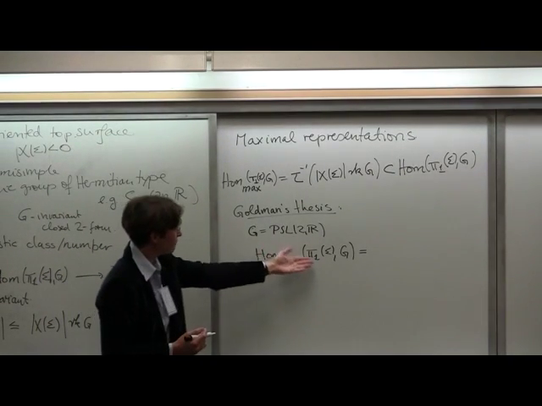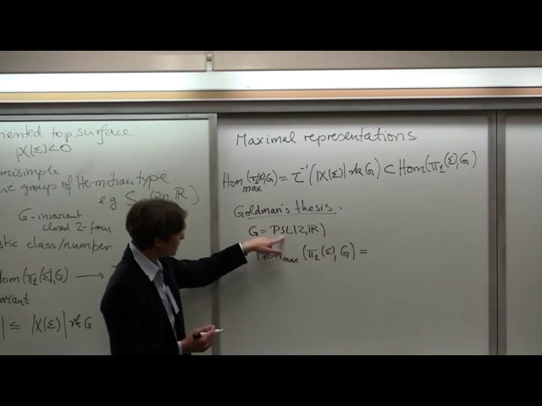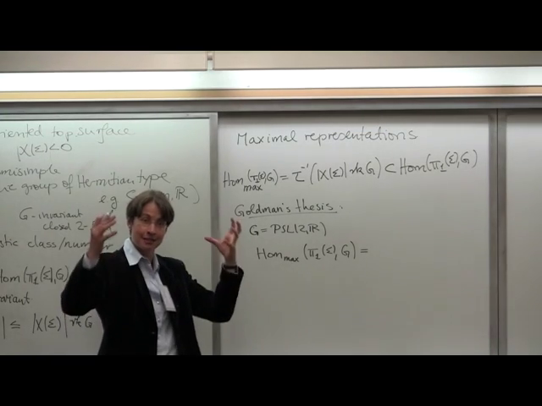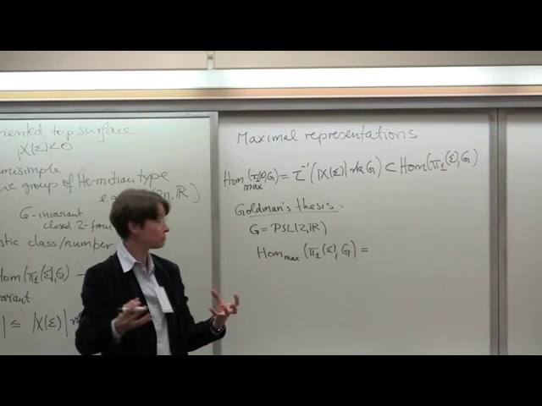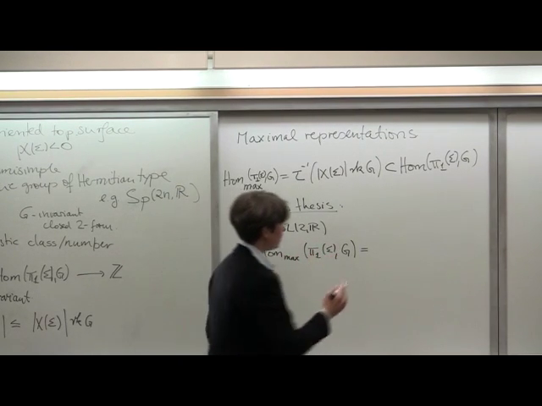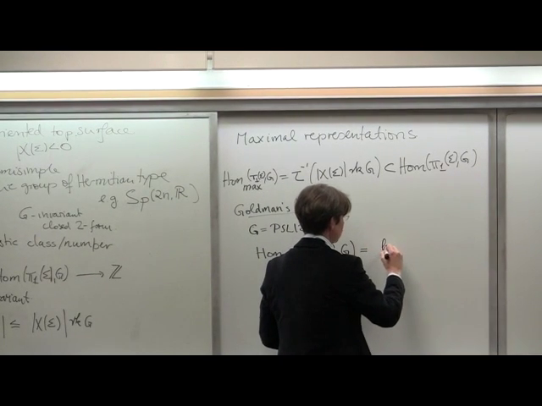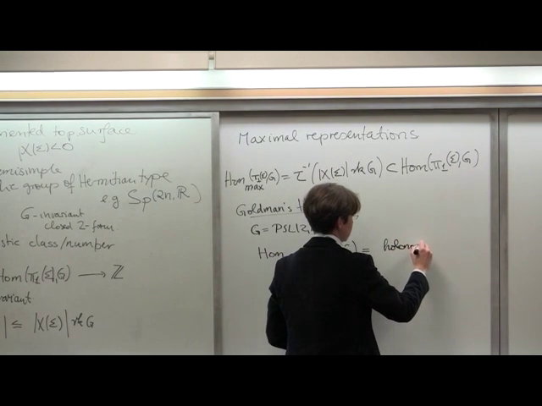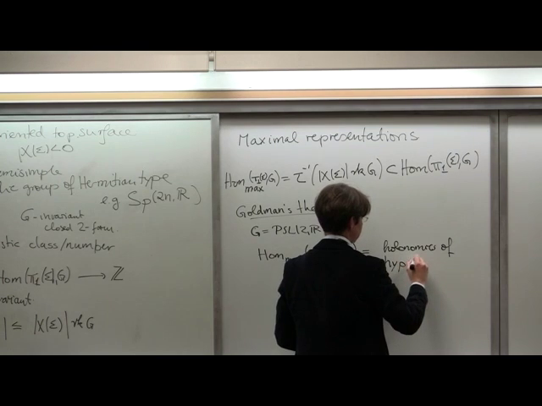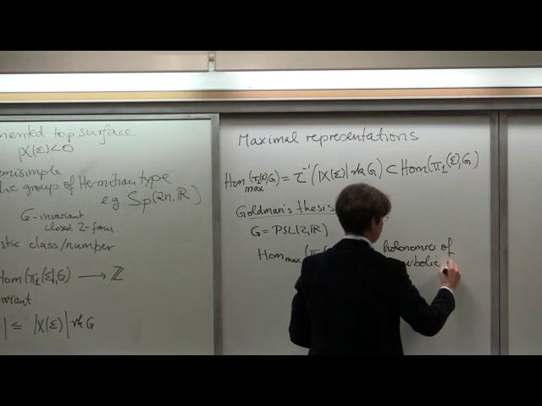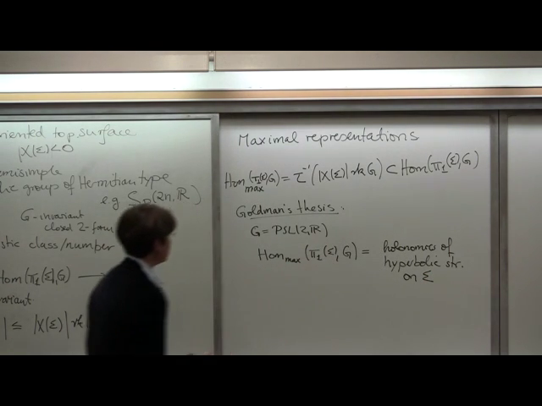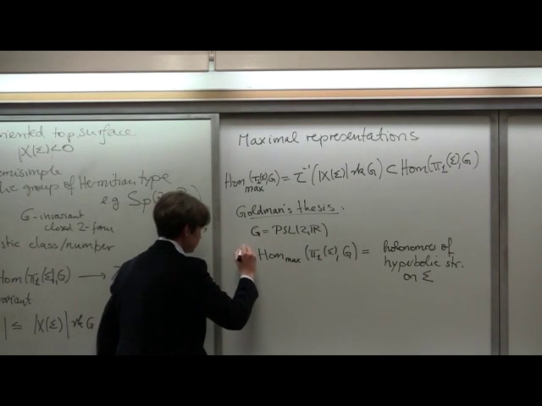If we have a discrete faithful representation of pi_1 of Sigma into PSL2R, it acts on the hyperbolic space, and the quotient is a surface with a hyperbolic structure. So he showed that maximal representations in PSL2R are precisely holonomies of hyperbolic structures on Sigma.